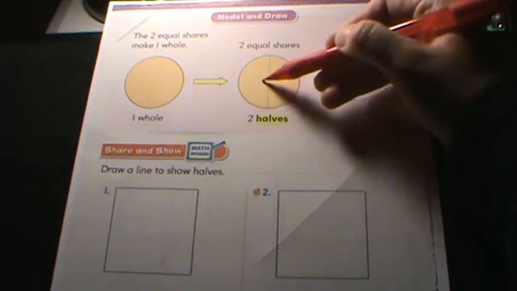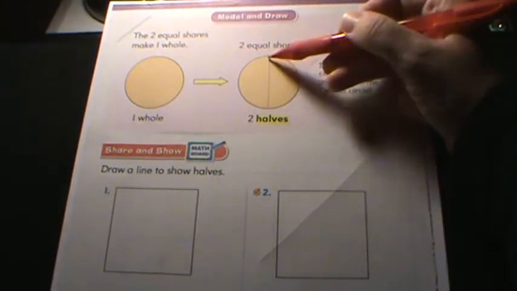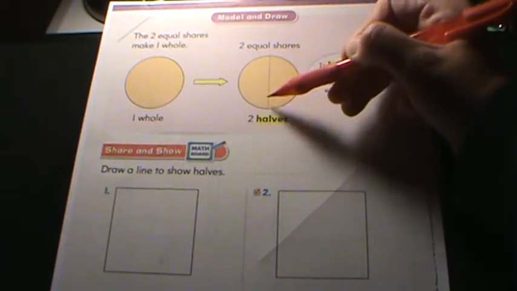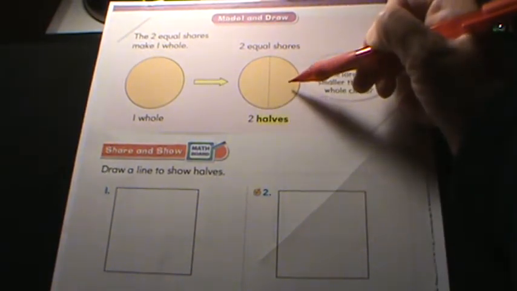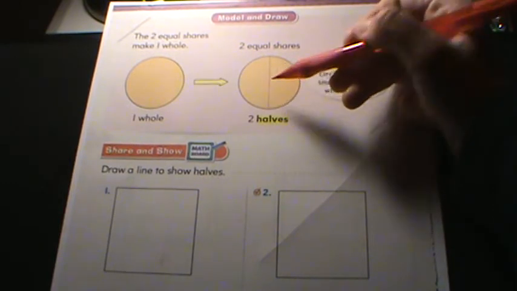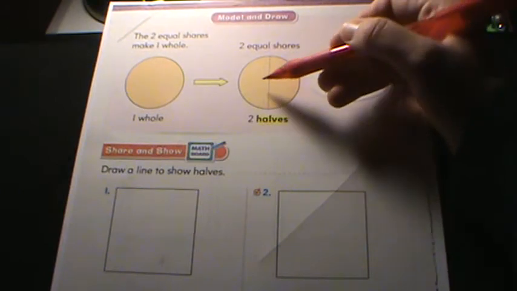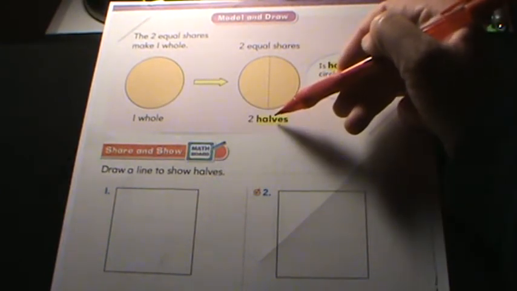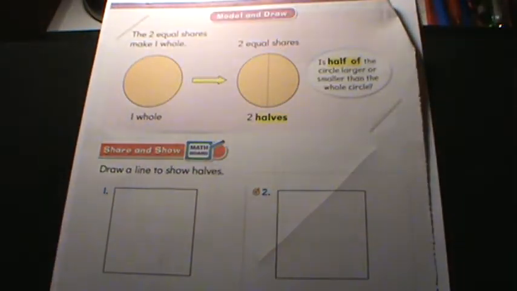Two halves. Because this side is half of the circle, and this side is half of the circle. One half. So together you have two half pieces of circle. Or when you put them back together, you have one whole circle.